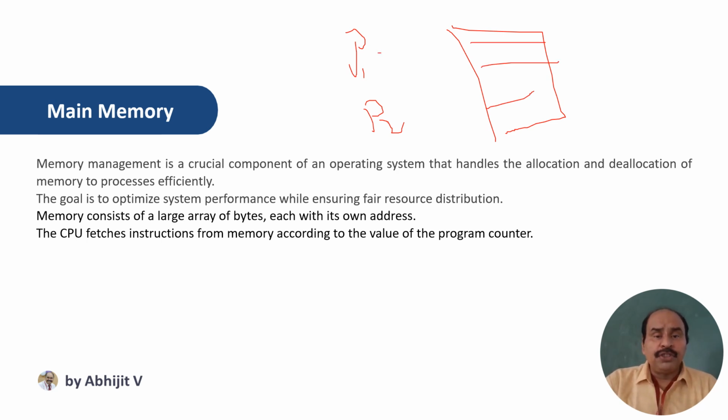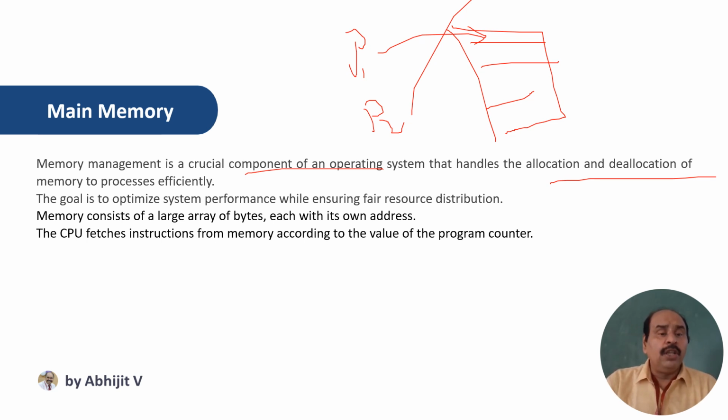Each process is allocated memory. After the purpose of P1 is over, P2 can use that same memory, right? In the same way, this allocation and deallocation is done by the operating system. That is what this sentence means.